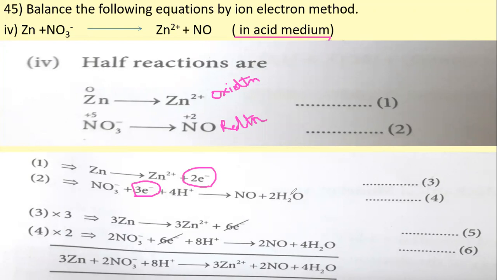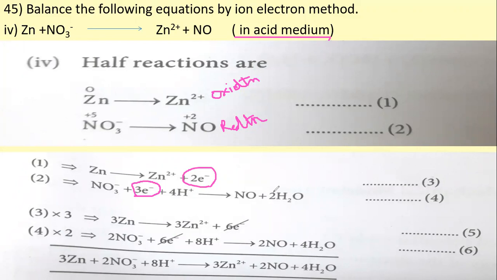After that you have to check for their balancing also. Here you see 4 hydrogen. That is, if we add H2O, we have to check for their balancing also. So now oxygen here will be 1 and here 1. So to balance it, we have to multiply this water with 2.